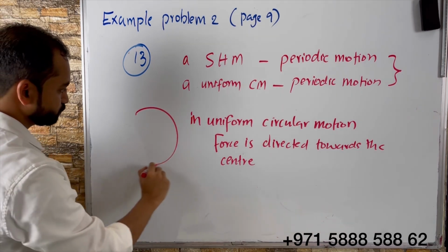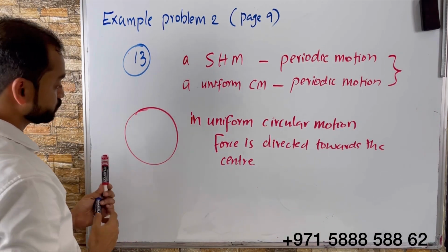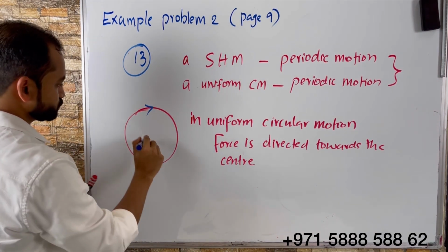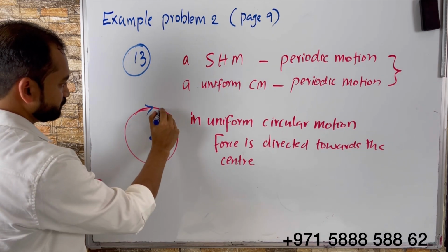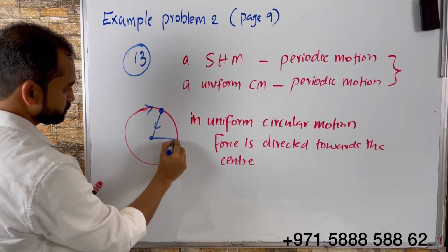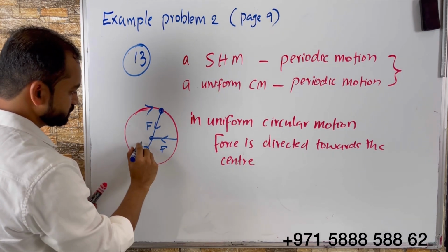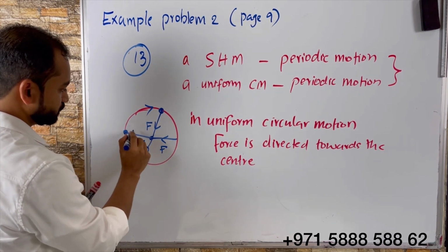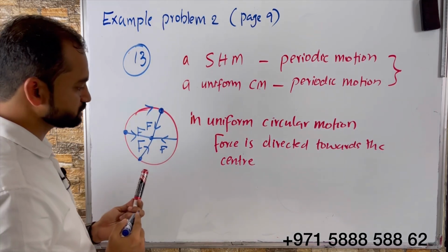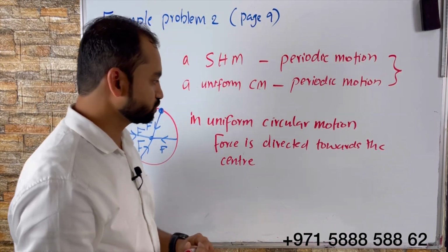If an object is moving along a circular path with a constant speed, the force will always be towards the center. The direction of the force is always towards the center of the circular path.